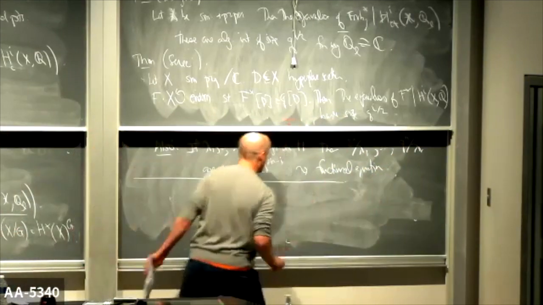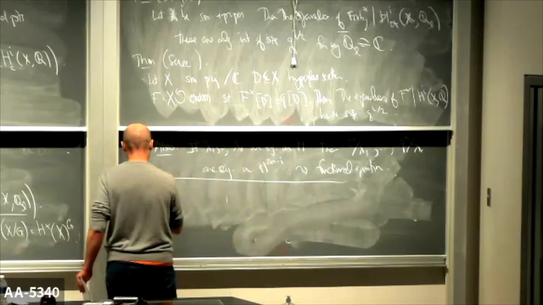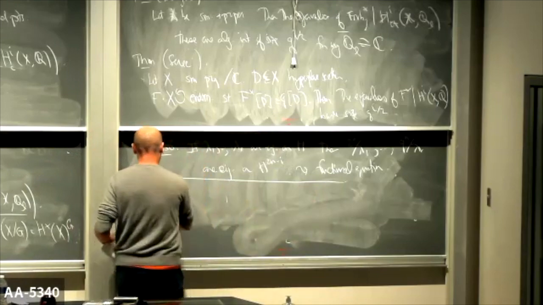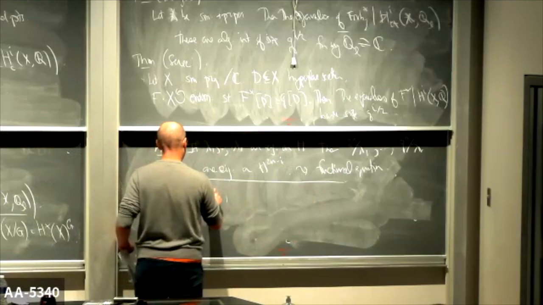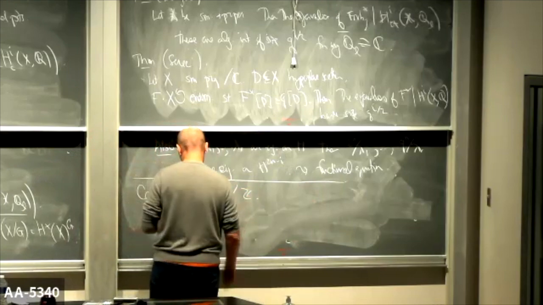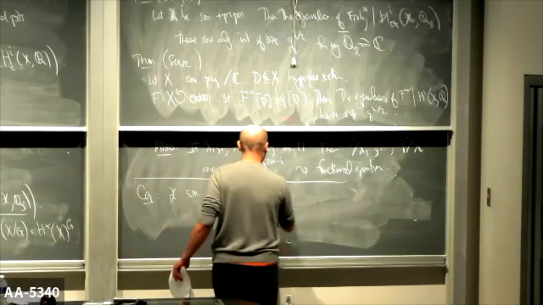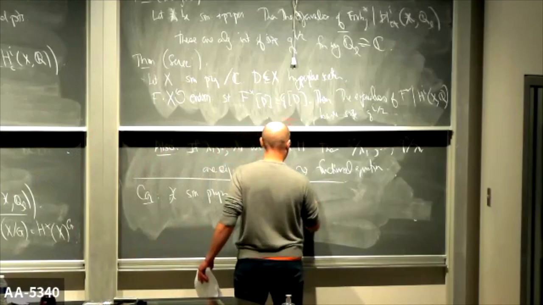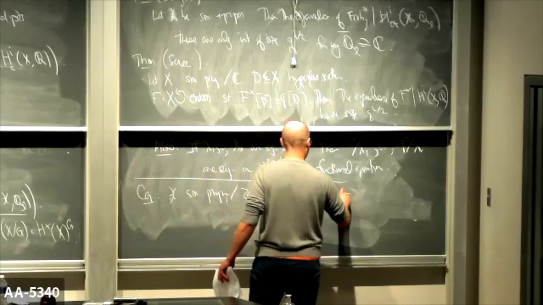Okay, and so here, a corollary: say we have X smooth, proper over the integers, then the point count is a polynomial in q.